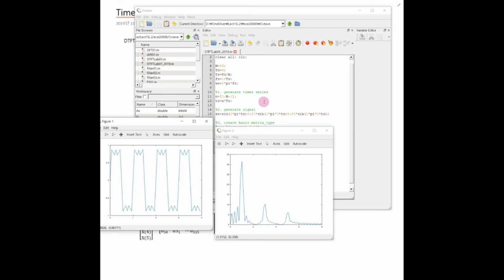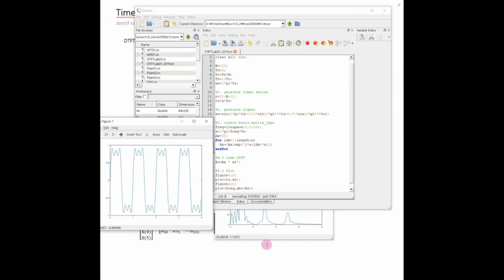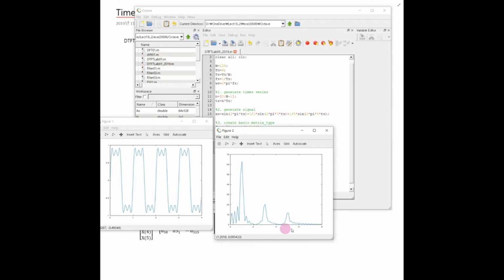Okay, so you need to understand the relationship between the gating time and the number of points. If we increase the number of points to 128, then what will change? It is a little bit smoother, but there isn't much change in the spectral contents. The spectral contents are affected by the gating time.